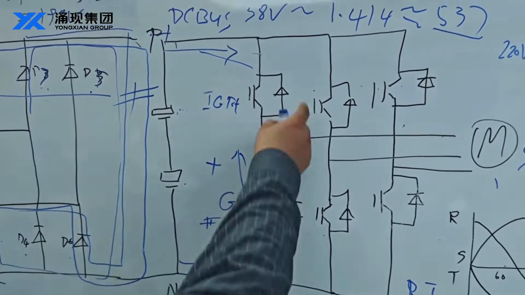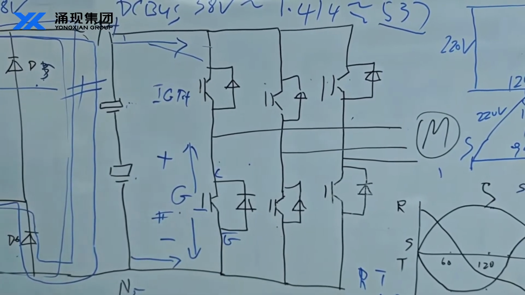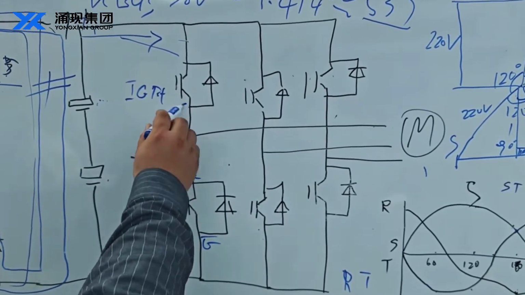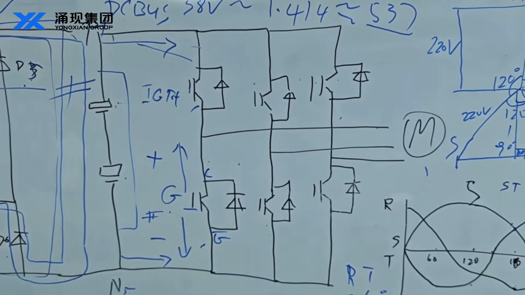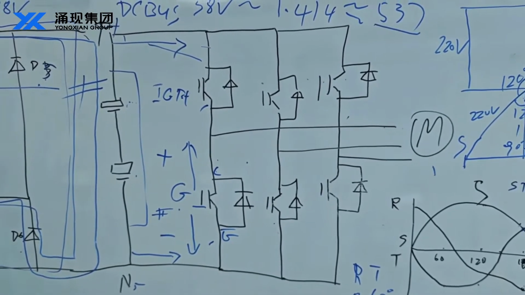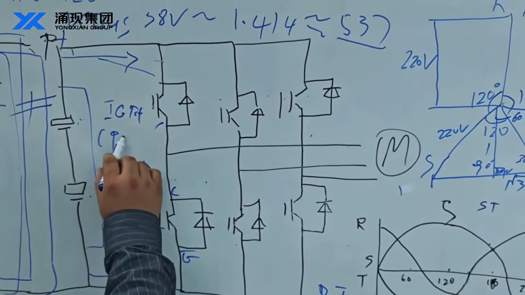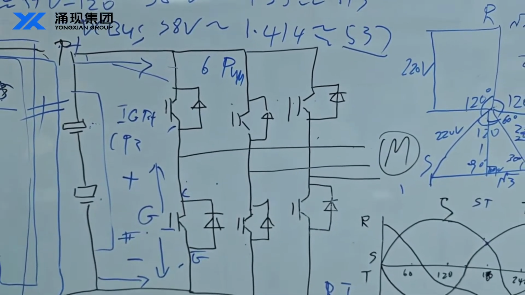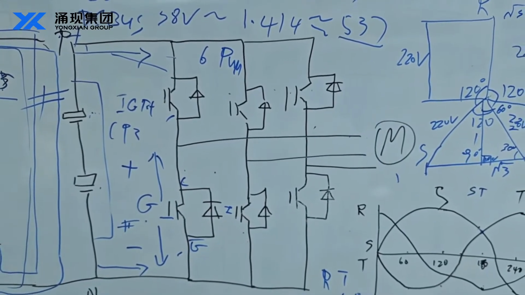The upper and lower bridge of an IGBT cannot be turned on simultaneously, as this will cause a DC bus short circuit. During inverter operation, the CPU program sends 6 PWM (pulse width modulation) signals to control the turn-on and turn-off of the IGBTs.